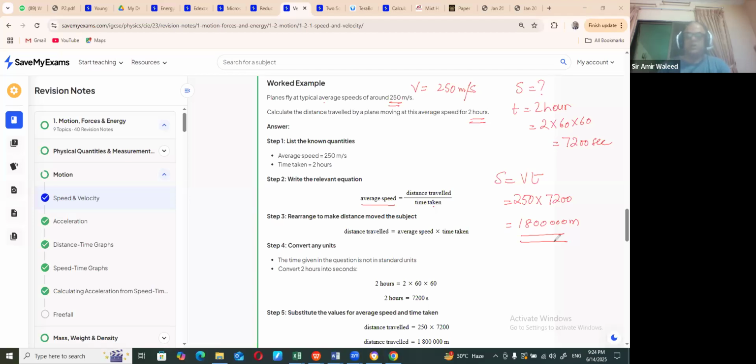So we can easily find out the distance if a body is moving with constant speed. And in that case, the formula is distance is equal to velocity, or you can say speed, into time. But remember that all the units should be in SI units. Distance should be in meters, speed should be in meter per second, and time should be in seconds as well.